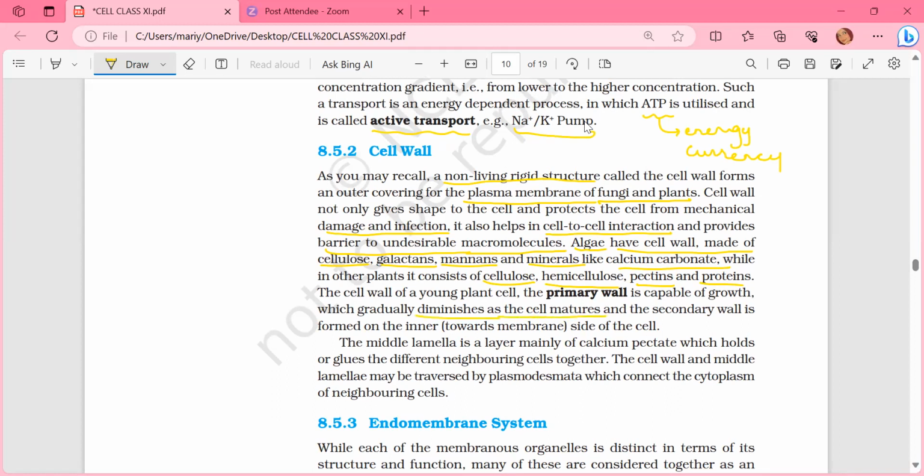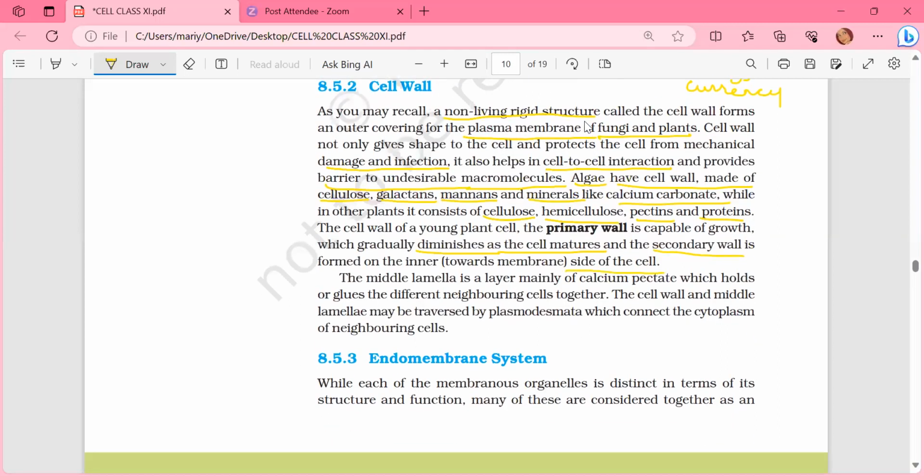And then after the primary wall, a secondary wall forms on the inner side, towards the membrane side of the cell. So first the primary cell wall is formed, then it gradually diminishes, meaning it ends, and as the cell matures, a secondary wall is formed towards the inner side of the cell.